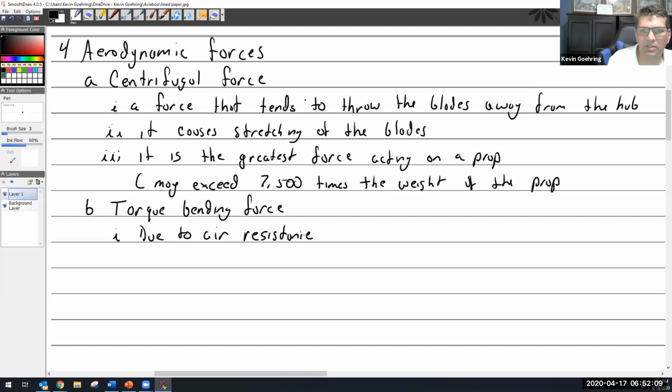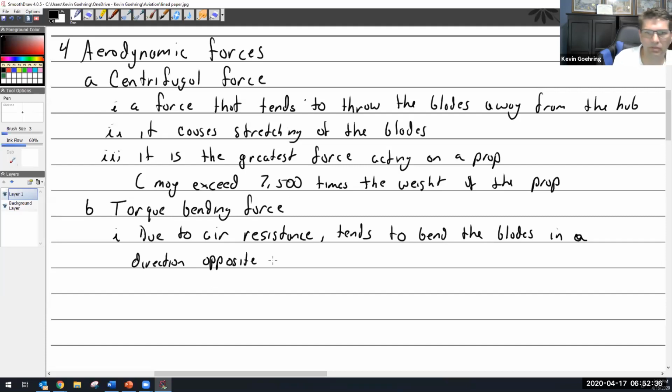Due to air resistance, it tends to bend the blades in a direction opposite of rotation.